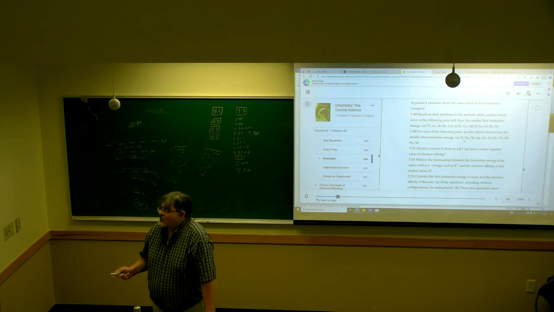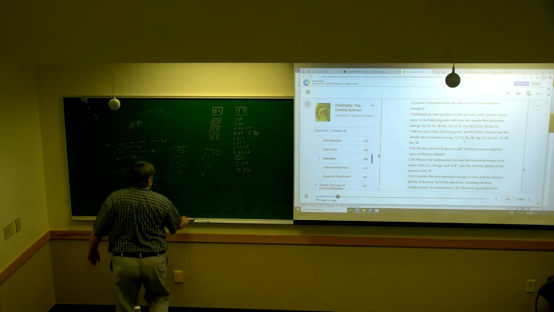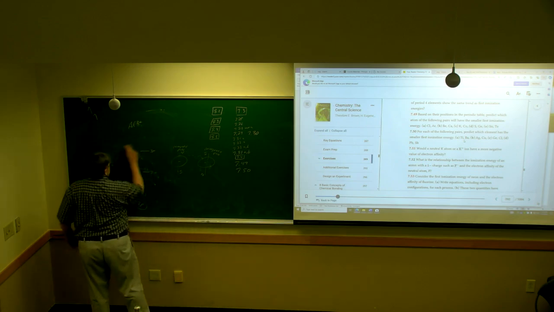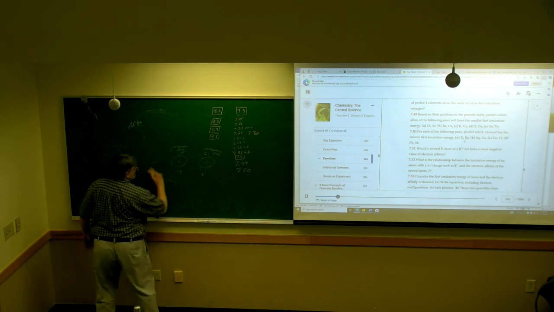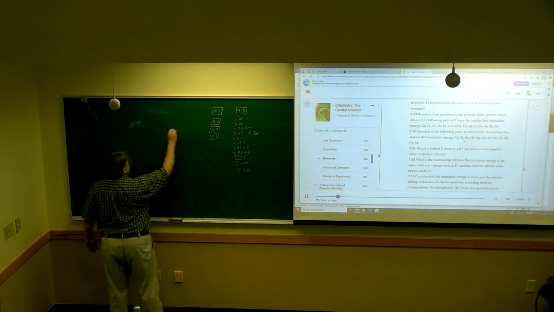So you've got a neutral titanium that loses one electron. That takes a certain amount of energy. And then you've got barium down here. So based on size trends, titanium and barium, which one's bigger? Barium. It's barium, and it's by a pretty good amount.